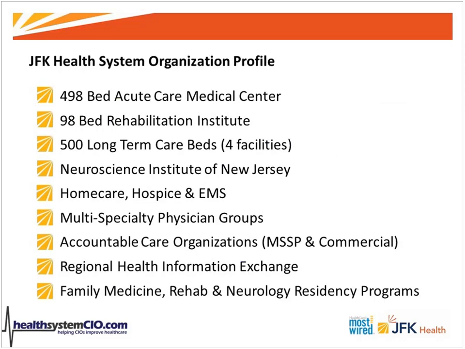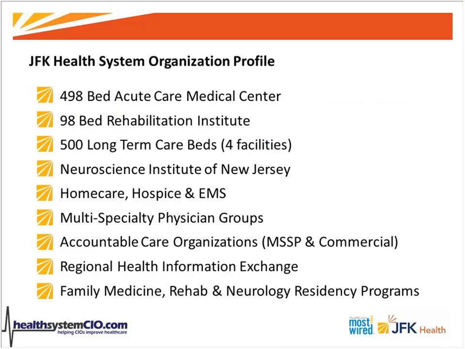Thought I'd also give you a little background on JFK. Although our presentation today is not going to be specifically about JFK, we will talk about some of the things we've been doing there. And just to give you a little bit of a scope, JFK Health System is a community health system anchored by a 500-bed or 498-bed acute care medical center and a 98-bed rehab hospital.